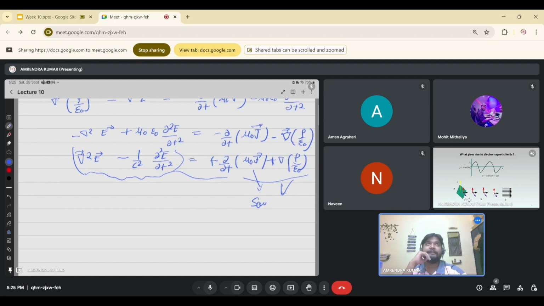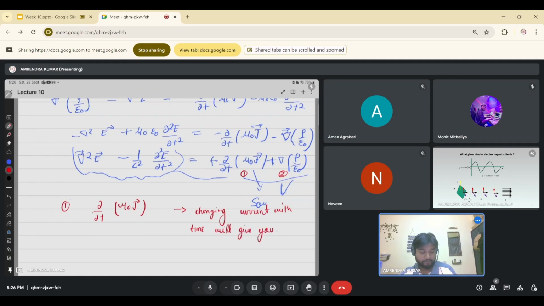We can see immediately that there are two things. This is one, this is two. The first one is del cross B is equal to mu zero J. So this is the changing current with time, which will give you electromagnetic radiation.